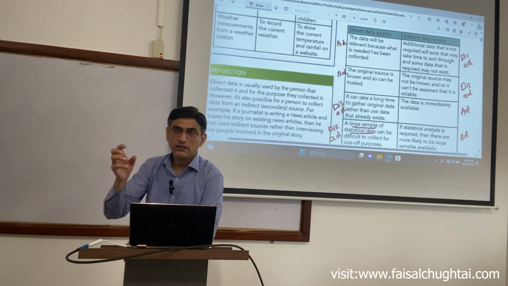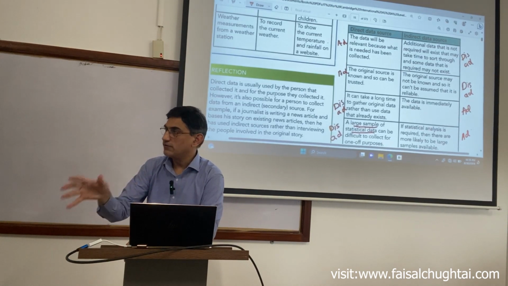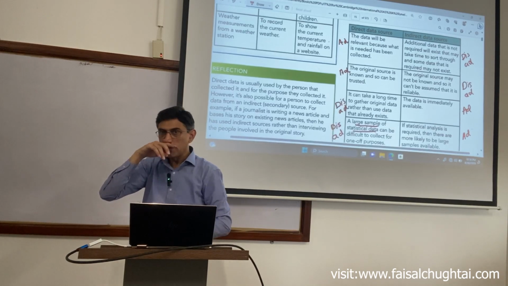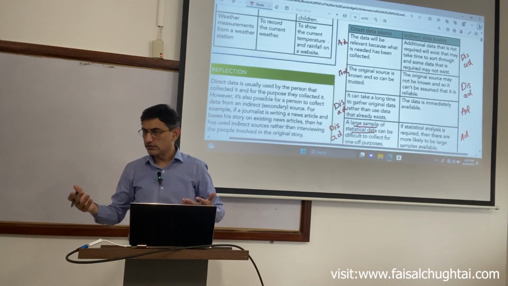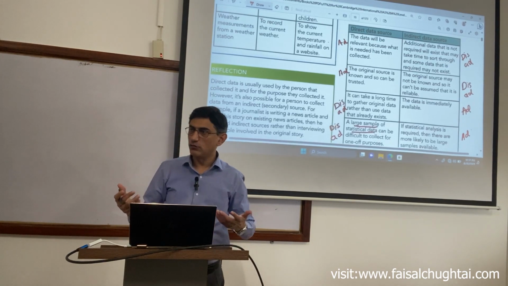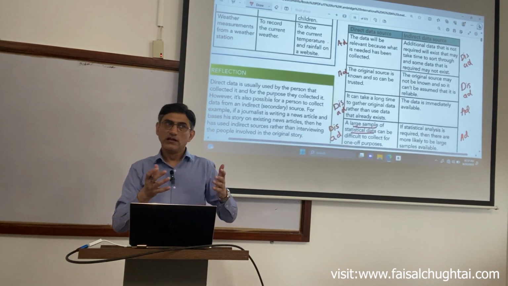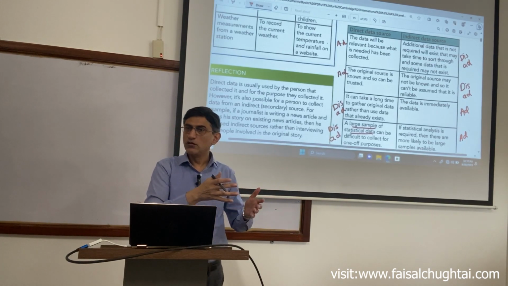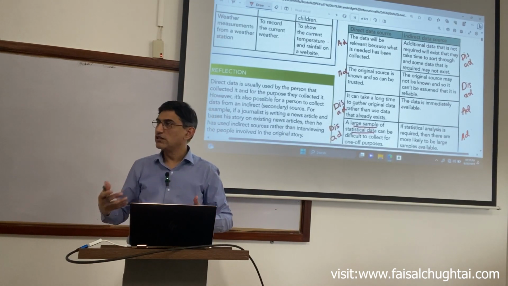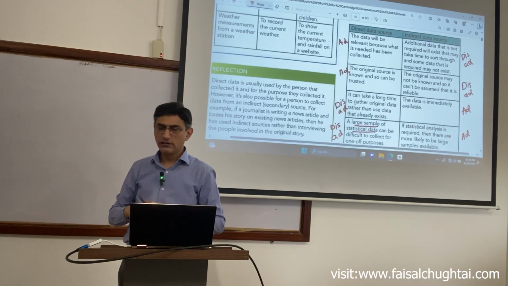There are two advantages and five disadvantages. Hence, we were able to figure this out even when we were discussing it earlier without having seen the advantages and disadvantages, that gathering data through a direct data source would have more benefits because things are more in your control. All right. Okay.